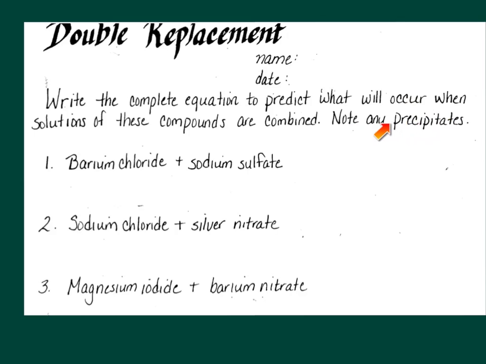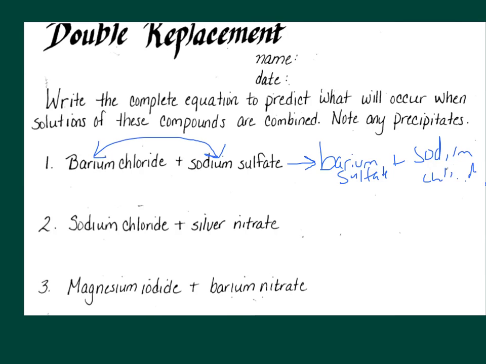I also did this for you in terms of names because I thought it might be easier for you to just look at it from a name perspective. So what you're going to end up with is switching these two. So barium is going to end up with sulfate, and sodium is going to end up with chloride.